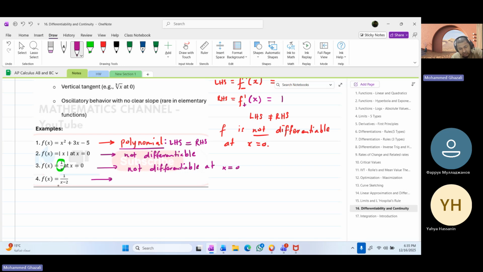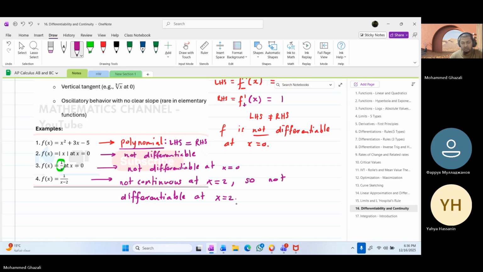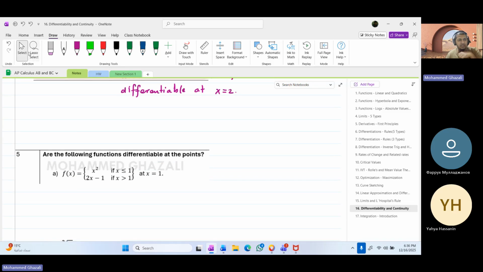This one is not continuous at x is equal to 2, so it is not differentiable at x is equal to 2. Great, you understand what differentiability means. Now let's solve some problems.